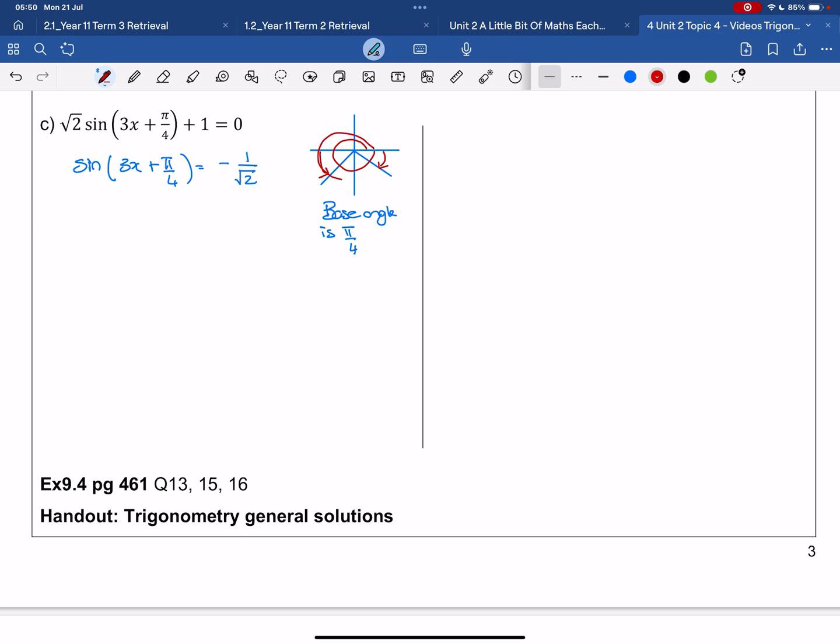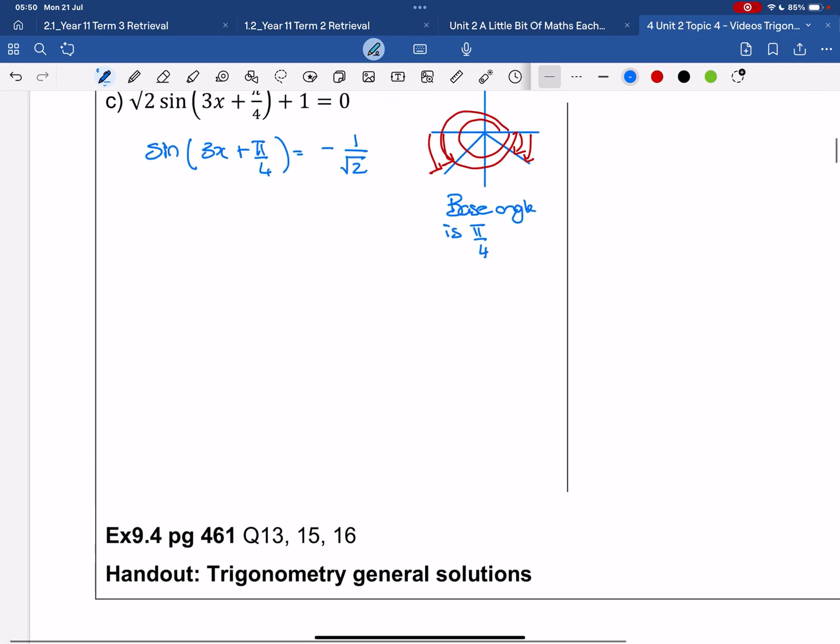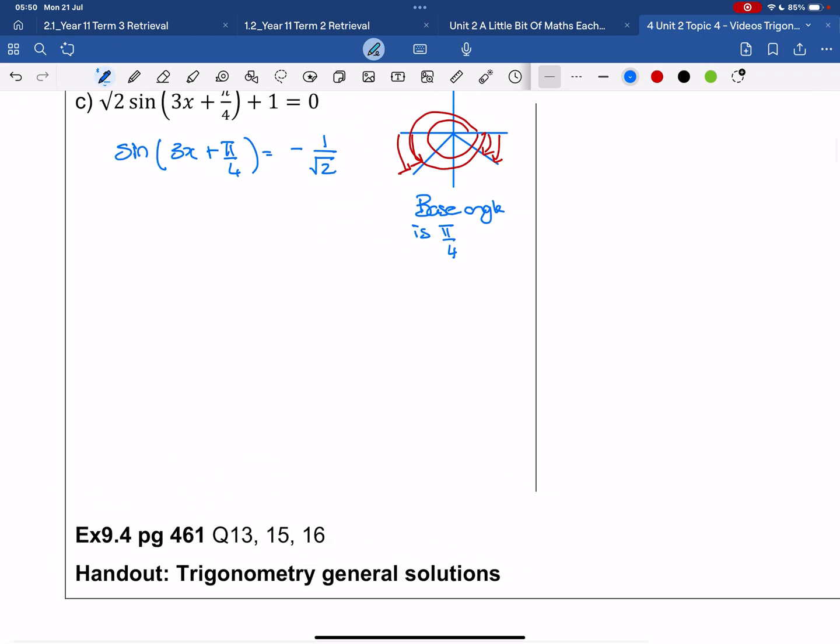Next time we go around, we're going to have 3 pi plus pi on 4 and 4 pi minus pi on 4. So this looks a little bit like the previous example where we had even and odd solutions. But let's have a look at how we're going to put those together. So we've got 2 solutions in each revolution. So what we've got is our angle.